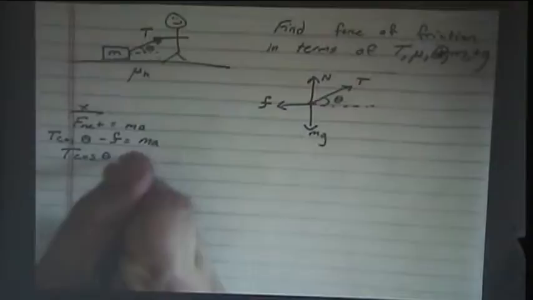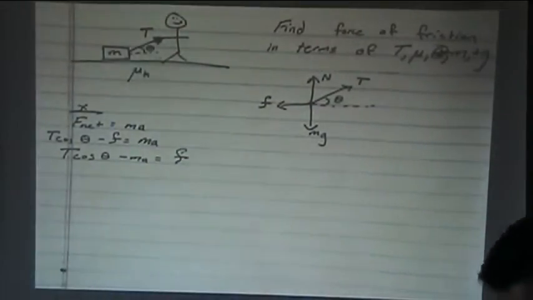Well, that's going to mean that T times the cosine of theta minus ma equals F.